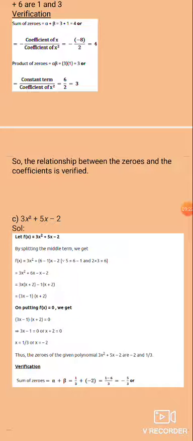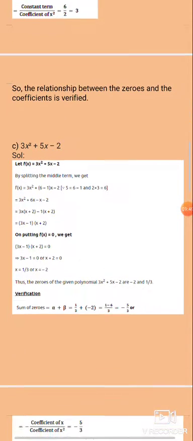X plus 2 is a common factor, remaining 3x minus 1. On putting f of x is equal to 0, we get 3x minus 1 into x plus 2 equal to 0. So the first value of x is equal to 1 by 3, or the second value, what? X is equal to minus 2. Thus the zeros are minus 2 and 1 by 3.